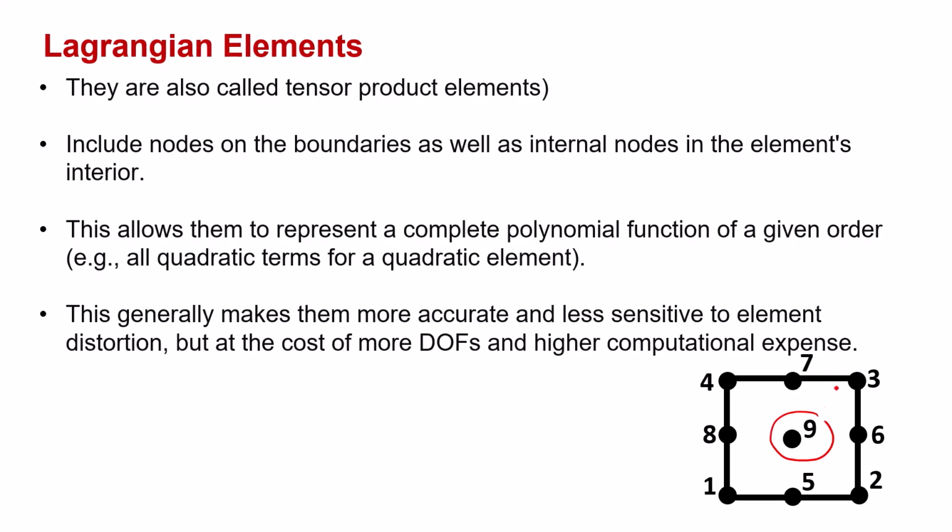This generally makes Lagrangian elements more accurate and less sensitive to element distortion, but at the cost of more degrees of freedom and higher computational expense. So in practice, choosing between serendipity and Lagrangian elements is a trade-off between efficiency and completeness.